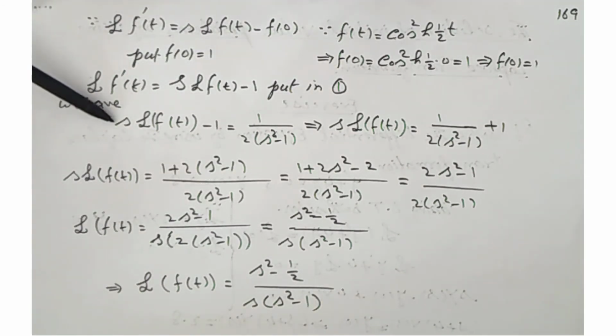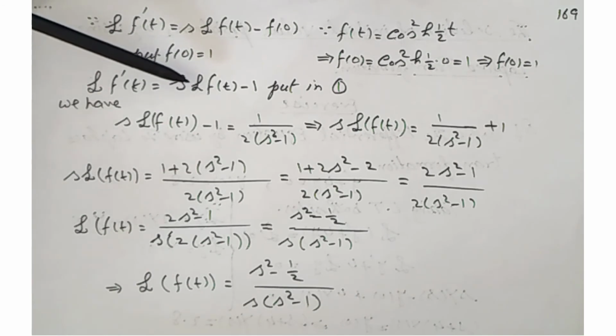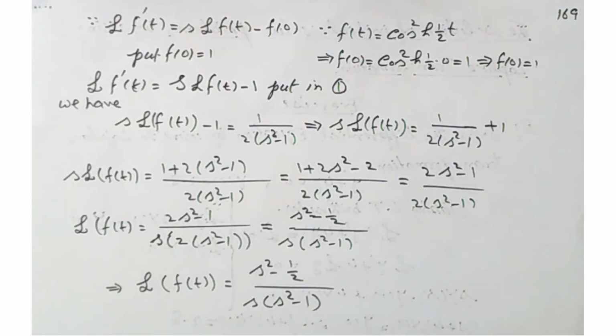We have s Laplace ft minus 1 equal to 1 by 2 into s square minus 1. So s Laplace ft equals 1 by 2 into s square minus 1 plus 1, and after simplification we have s Laplace ft equal to 2s square minus 1 over 2 into s square minus 1. So Laplace ft equals 2s square minus 1 divided by s into 2 into s square minus 1.